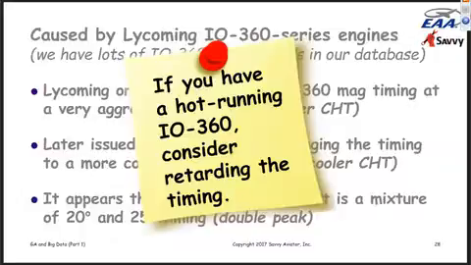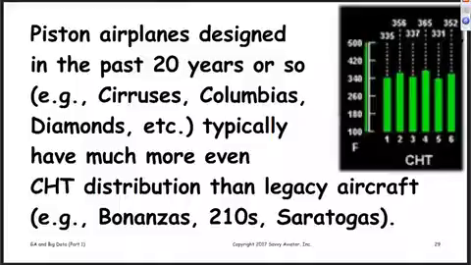Another thing that I had Chris take a look at, something that I'd been noticing over the years and wanted to see if we could confirm with empirical data, was the fact that I noticed that the piston airplanes that were designed in more recent times, things like the Cirruses and Columbias and Diamonds and so on, typically had much more even cylinder head temperature distribution than legacy airplanes like Bonanzas or 210s or Piper Saratogas or the Cessna 310 that I fly, which was basically designed in the 50s.